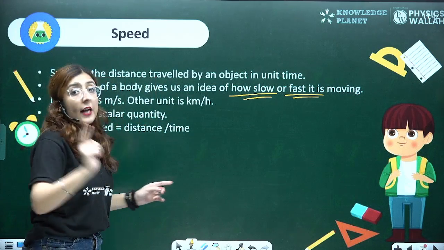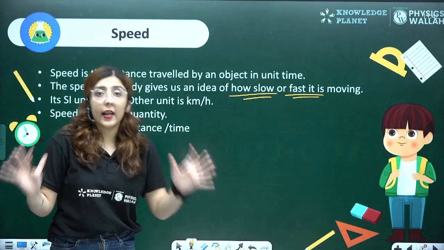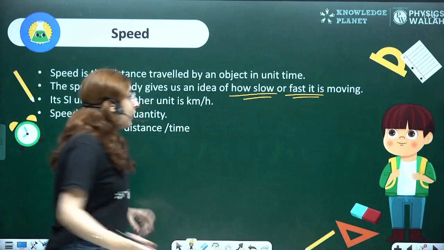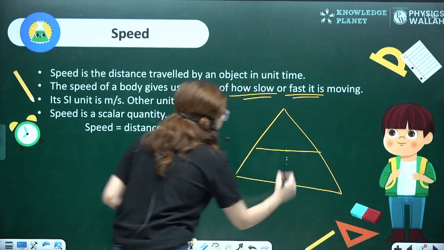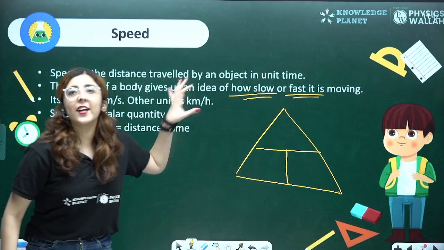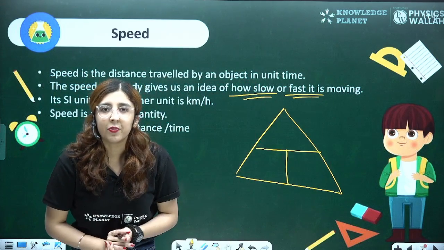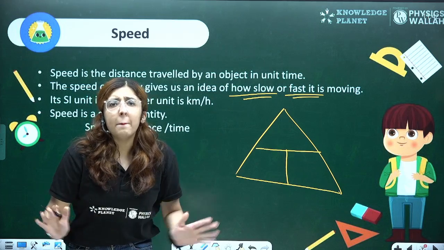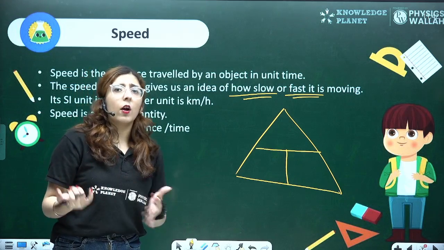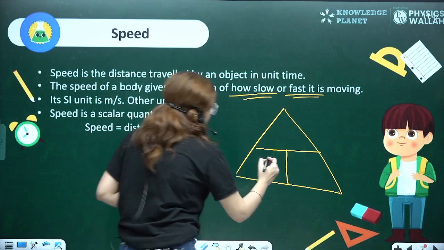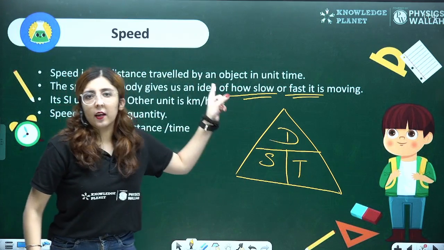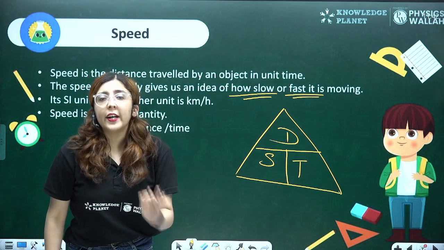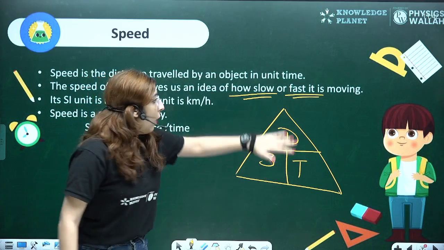And there is a trick to remember it: draw a triangle divided into 3 parts, the simple STD, as we used to do. Now, whichever quantity you have to find, you just need to hide that portion.